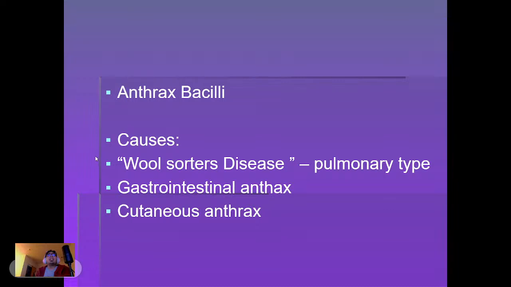The pulmonary type is the bioterrorism form of anthrax. Ito yung ginamit nila dati. Okay? Hindi ko alam kung Al-Qaeda yung gumamit, pero there was a terrorist group that used this. Okay? And mind you, it was a Filipino who invented the best prevention method to avoid the pulmonary type of anthrax or the wool sorters disease.